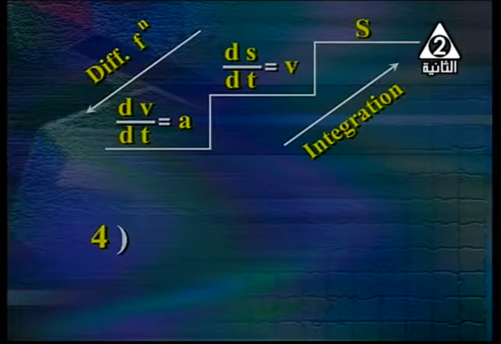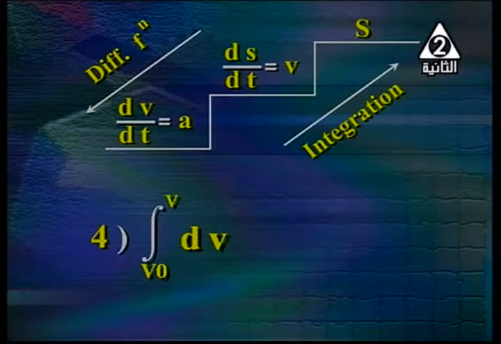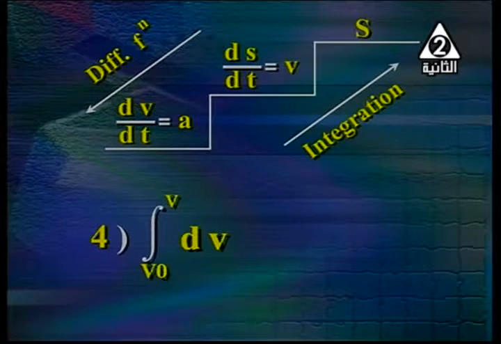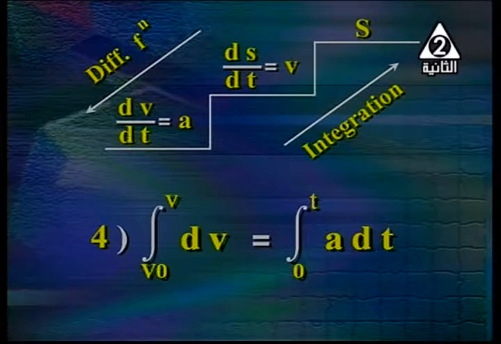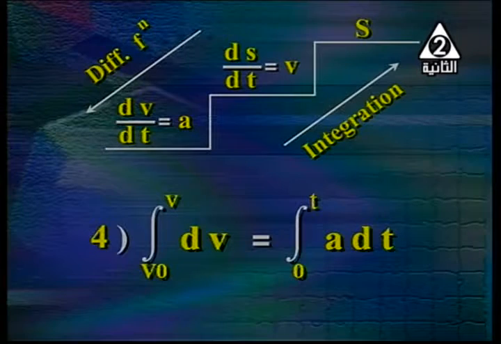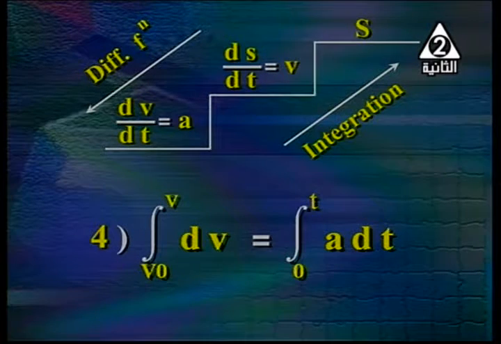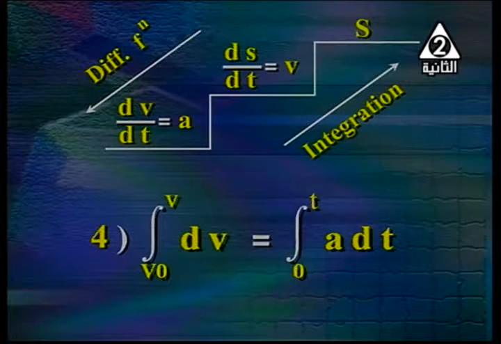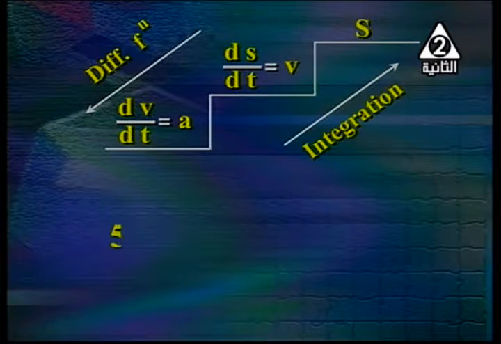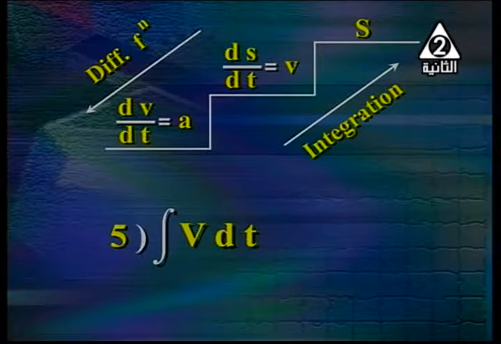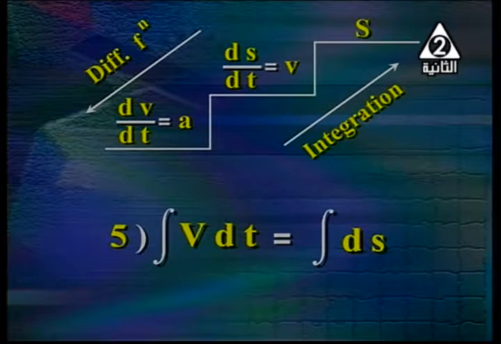But using integration from v naught to v of v dv equals what? Integration from 0 to t of a dt. Integration v dv equals integration a dt. Number 5, integration v dt equals integration ds.